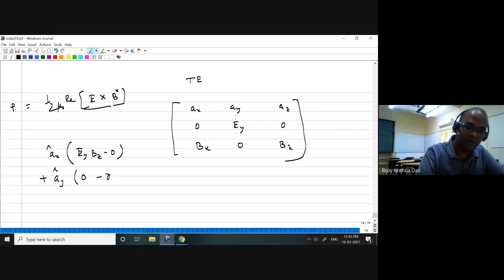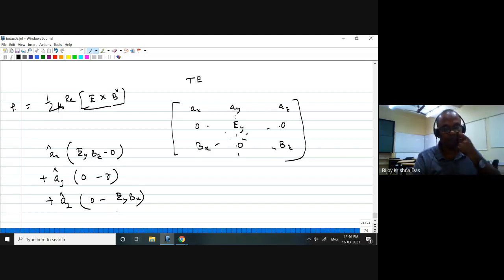When I am considering the Y component, that means I have to multiply this one minus this one, right? So both are 0. And what about the Z component? AZ component. This one means I have to multiply this one minus this one. So 0 minus EY BX. Clear?